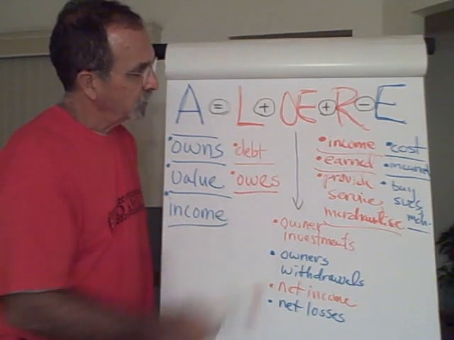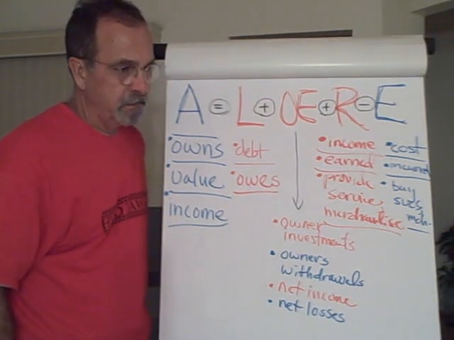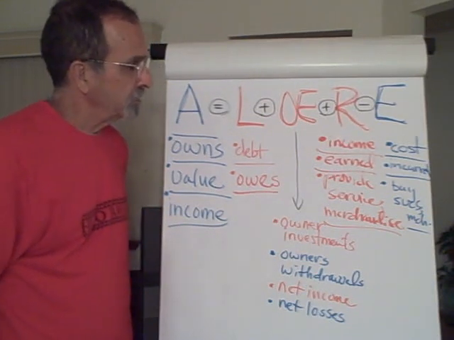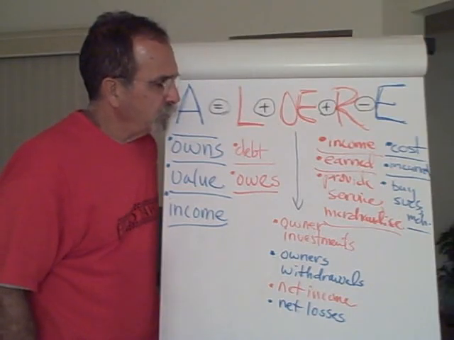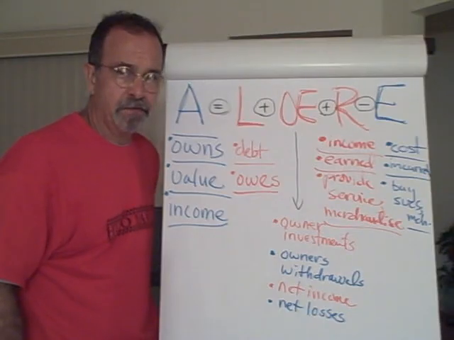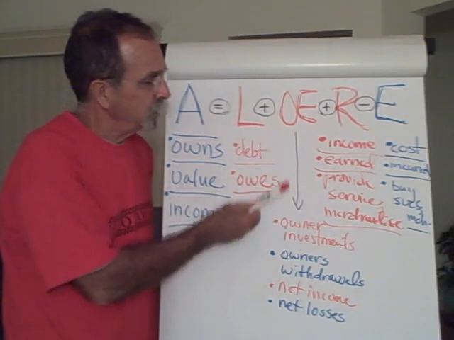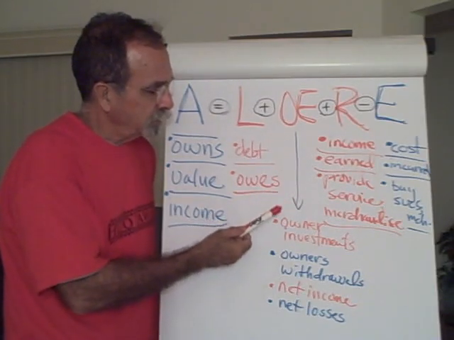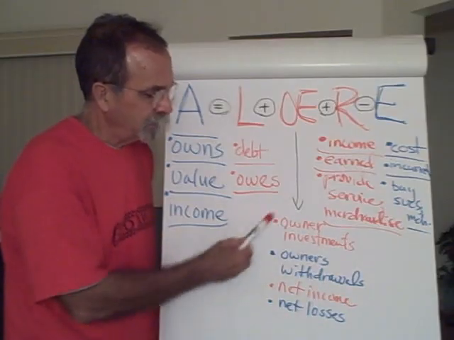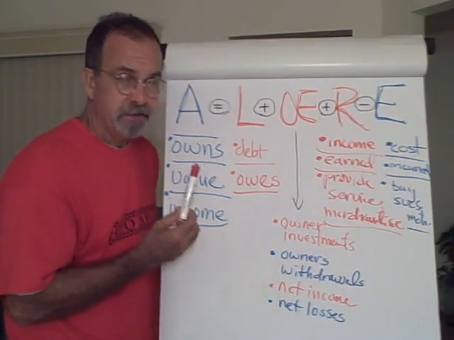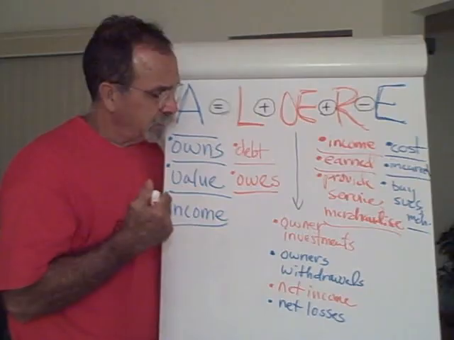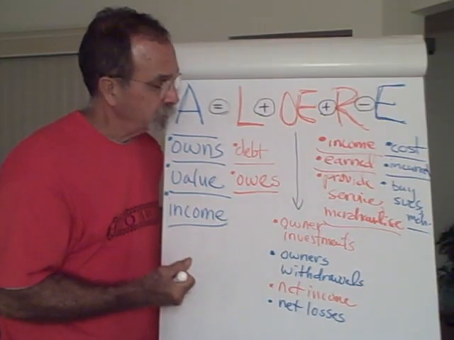Now the middle category is a bit more difficult to explain, and probably a little bit more difficult for the average student to understand. But I like to explain owner's equity this way. The owner's equity category shows some key financial information about the business.